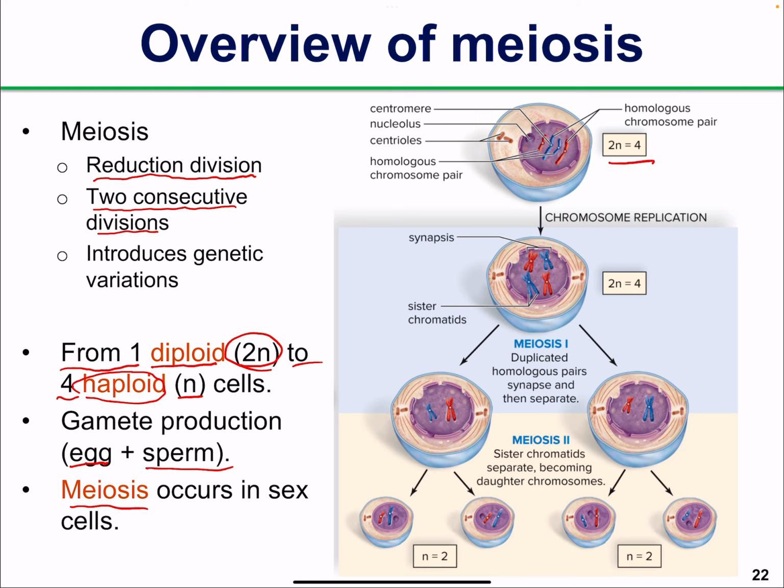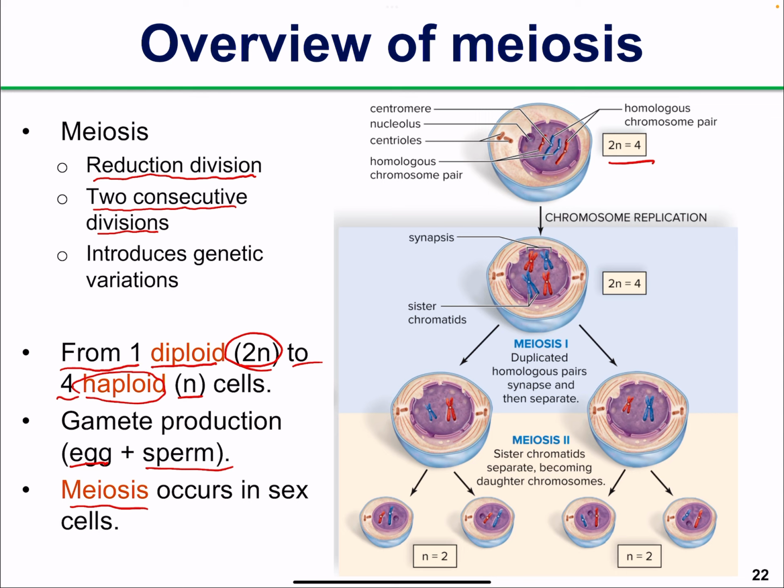So the chromosome you receive from mom and the chromosome you receive from dad are going to be replicated, right? And after replication, each chromosome is going to be made up of 2 sister chromatids. So that's during interphase.